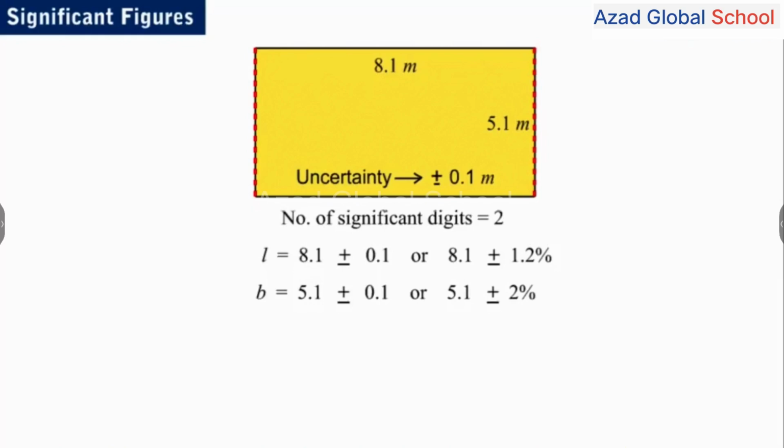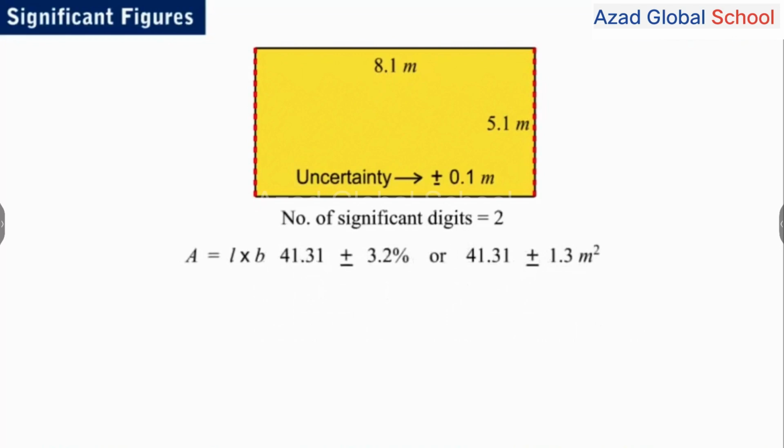Hence, using the combination of errors rule, the area of the field calculated as the product of these two quantities would be 41.31 plus or minus 3.2% or 41.31 plus or minus 1.3 square meters.